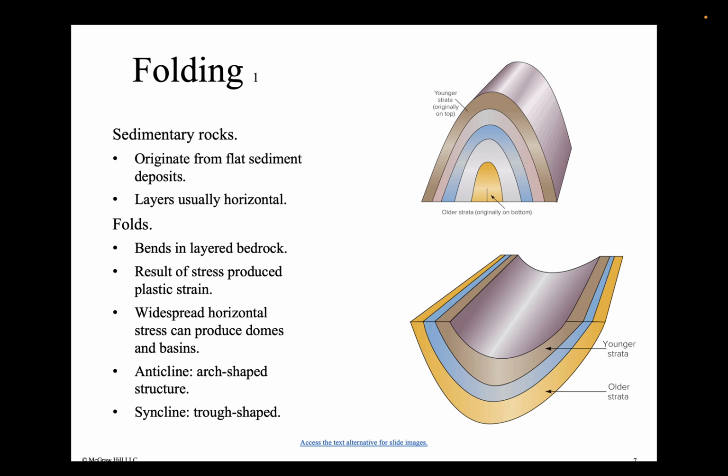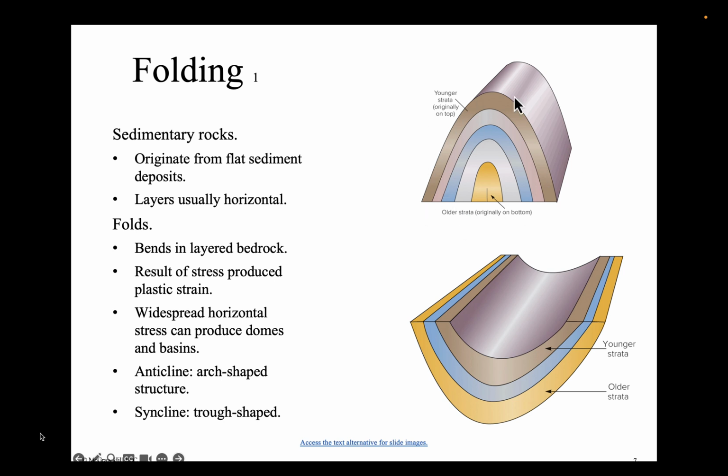Domes is when the bulging of that fold is oriented upwards. And basins is when the bulging of the fold is located downwardly. Okay, so if you think of these two examples, this is what I mean, right? When you have this arc-shaped structure, this is also called an anticline, all right?